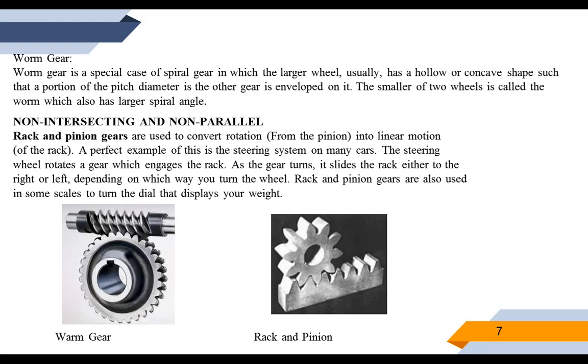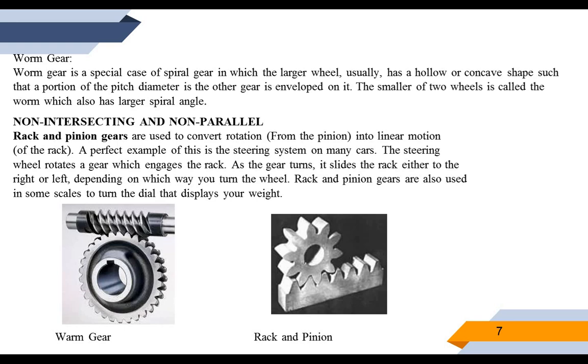Worm gears are used when large gear reductions are needed. It is common for worm gears to have reductions of 20:1 and even up to 300:1 or greater. Many worm gears have an interesting property that no other gear set has: the worm can easily turn the gear, but the gear cannot turn the worm.